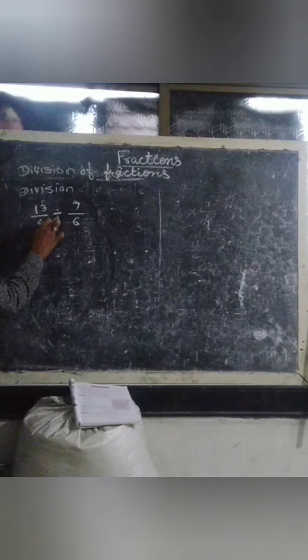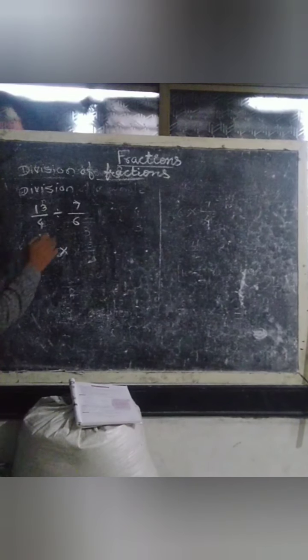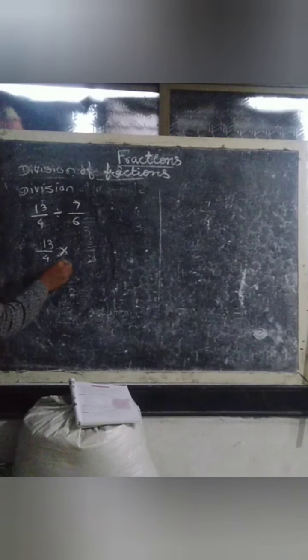The steps are the same, only instead of multiplying just the numerator, we have to multiply numerator and denominator both. Suppose 13 upon 4 divided by 7 upon 6. We have to divide this. So the very first step, the division sign changes into multiplication. First the dividend as it is, and we have to take the reciprocal of the divisor.